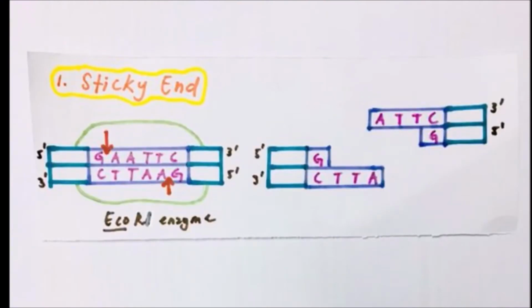When EcoRI recognizes and cuts this site, it always does so in a specific pattern that produces ends with single-stranded DNA overhangs. If another piece of DNA has matching overhangs, for instance because it has also been cut by EcoRI, the overhangs can stick together by complementary base pairing.